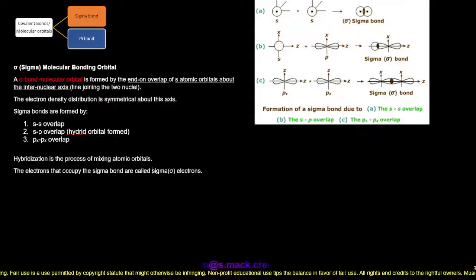We say that a sigma bond is formed by end-on overlap. What does end-on overlap mean? This end-on overlap represents a maximum overlap between the atomic orbitals. So I'm going to draw my s orbital plus another s orbital.